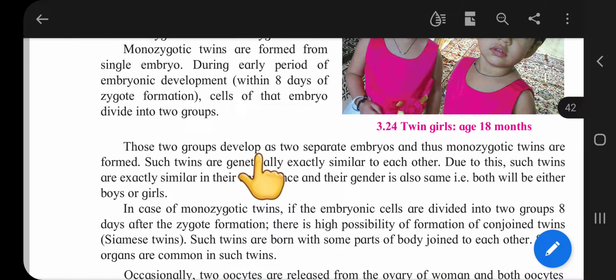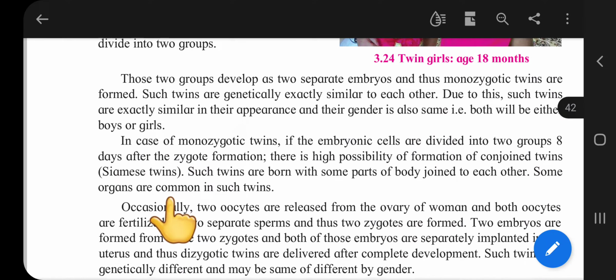These two groups develop as two separate embryos, and thus monozygotic twins are formed. Such twins are genetically exactly similar to each other, and both are boys or both are girls.